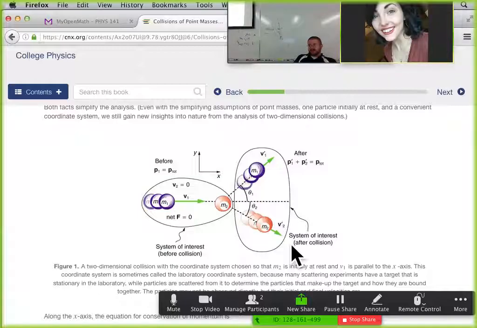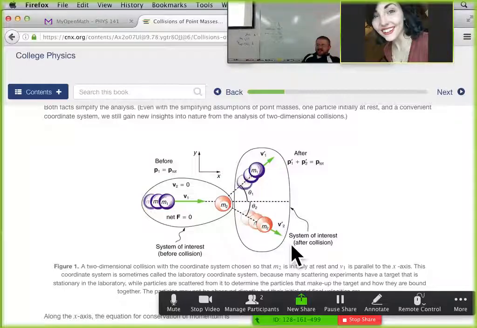I want you to explain, using a very simple phrase, why momentum is conserved in each of those dimensions. You don't have to give me any details, just figure out the most important thing that explains or justifies why momentum would be conserved.